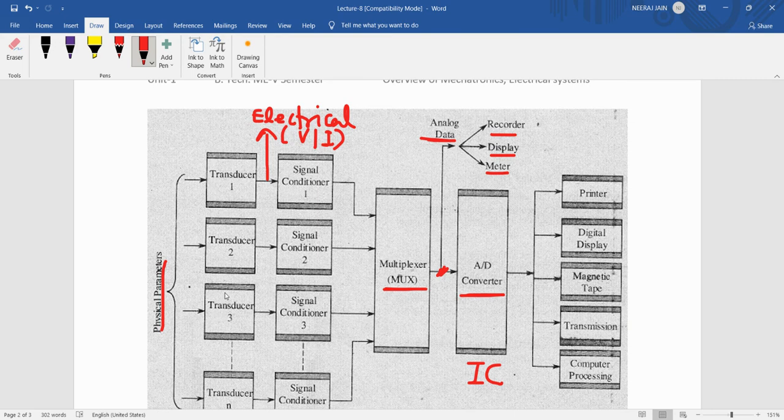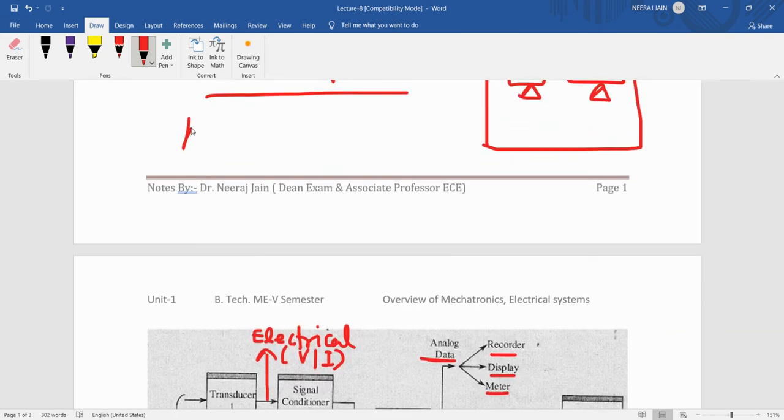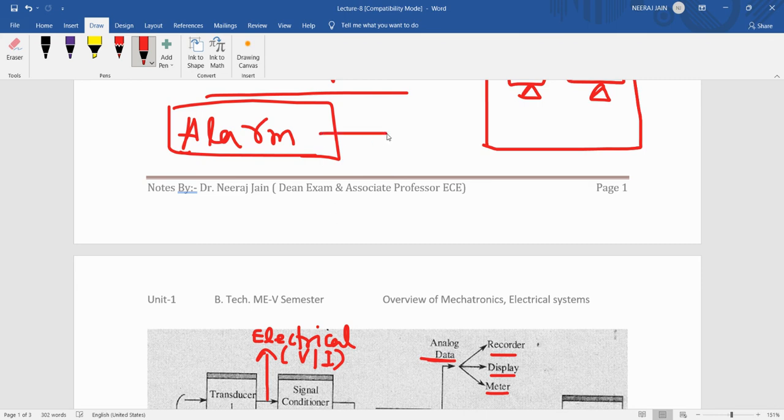If any problem occurs, one important thing is the alarm. Alarms are also used on the annunciator or a panel, by which we can understand in which part of the plant the fault occurred. According to that, instruction is given to the technician so that he can repair the machine.